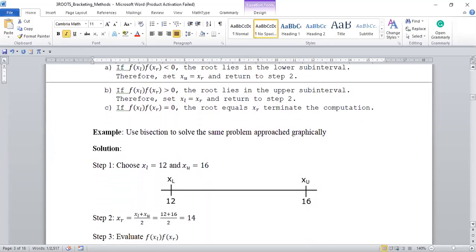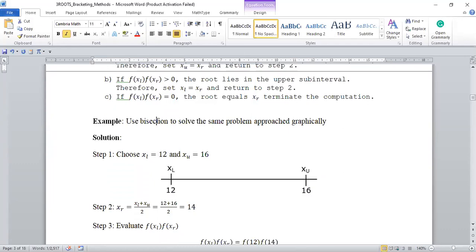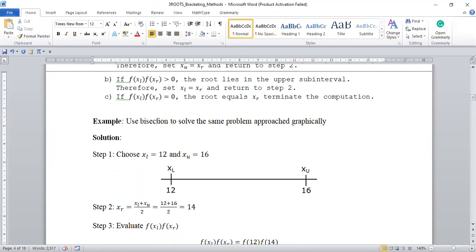We're going to use the bisection method, and we're going to write a computer program that will do it for us. So we're going to solve it by hand, then later we use a computer program. The first step is to choose the lower limit and the upper limit.